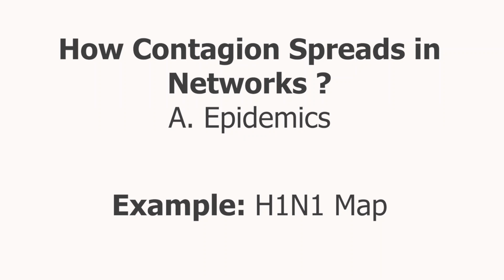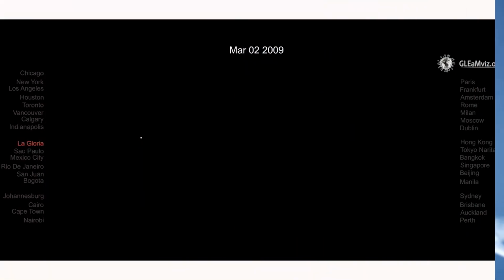Now, here is another example of such a system. This is an episode which is similar to the SARS episode. This is the H1N1 epidemic, which also spread from East Asia and then ended up traveling all over the world. Here we have used a map to show you how it works. Now, as you will see, it starts very, very small. In fact, when it starts, you can barely see where it starts from.